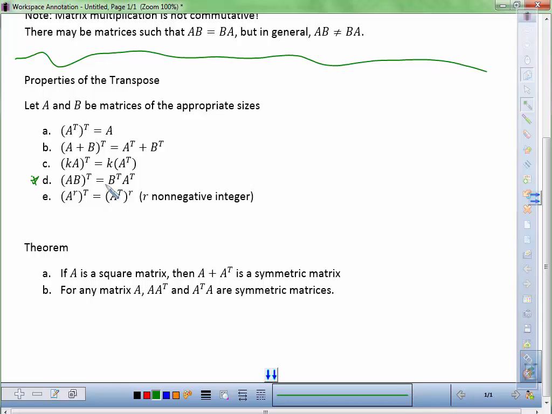Yeah, I think it might be important for later work that we might need to do. And then this is R is a power. It says that the transpose of the matrix raised to a power is the transpose raised to that particular power.